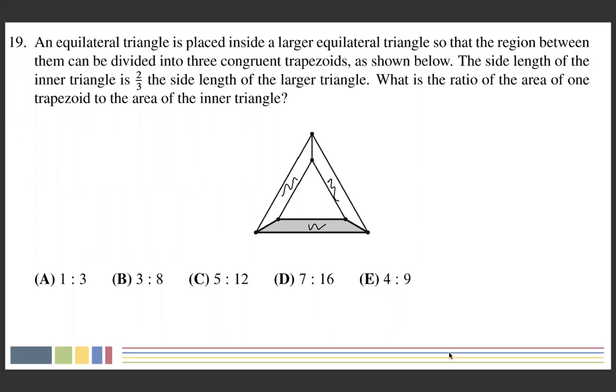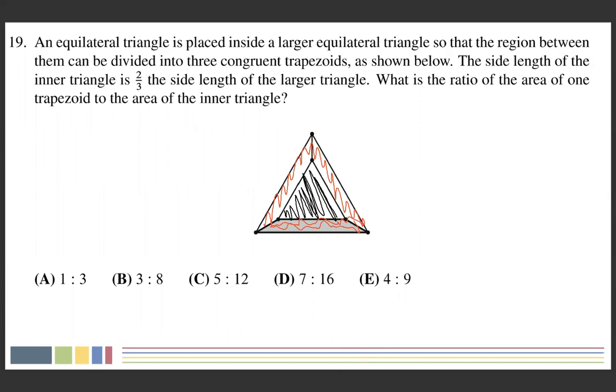Okay. Well, what we should focus on is, let's think about it, what happens if we found the ratio of the smaller triangle to the area of all of this space, right? What if we found the area of that black region on the inside to this whole red region here? Well, from there, it wouldn't be too hard to get our answer, right?